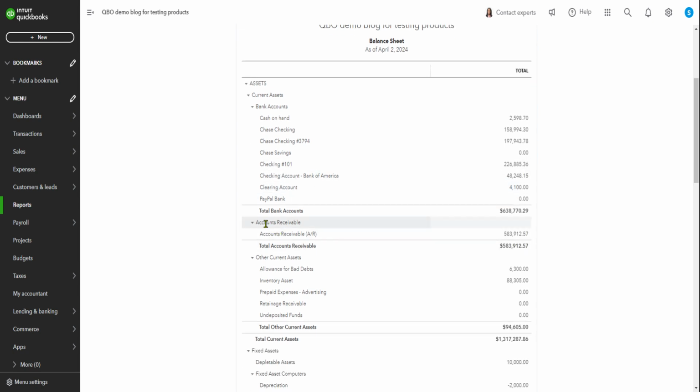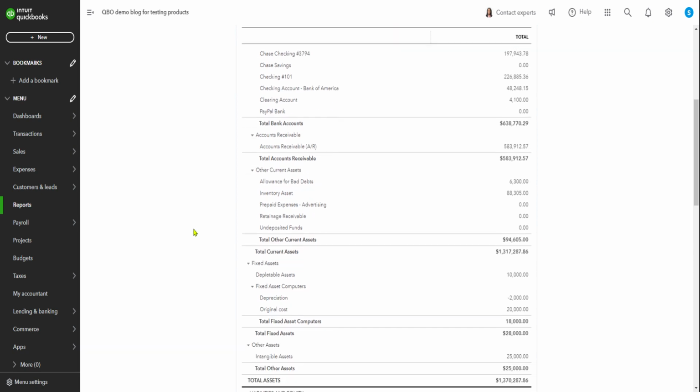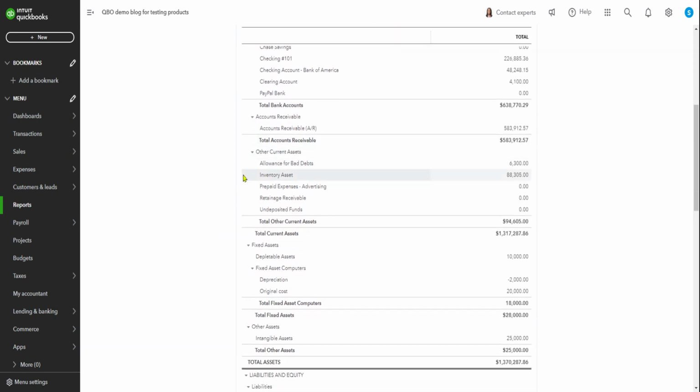And then your accounts receivable. So it's basically you're invoicing your customer and so they owe you money. And other current assets, you have like inventory type, and then some prepaid expenses. Basically those are the current type, so the current type is basically not AR, not bank account, but it's the inventory.